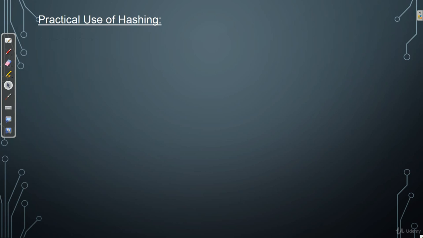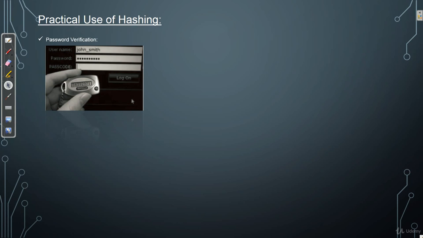So one of the places where hashing is heavily used is password verification on servers. Whenever we enter our password in any website, say for example Gmail, all it does is it takes our password, converts it into a hash value and saves it in its server.